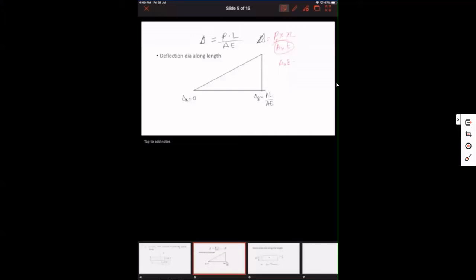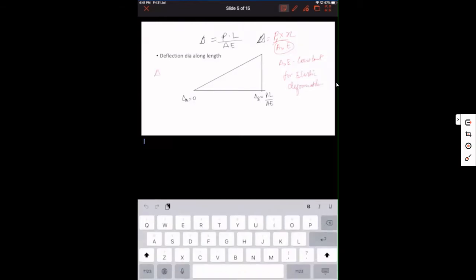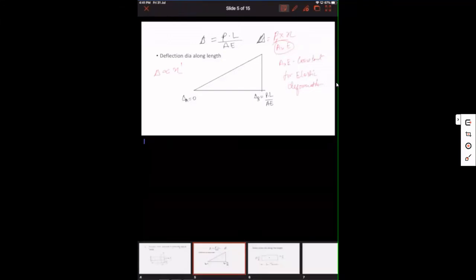A and E are constant for elastic deformation. So we can say that my delta is directly proportional to X. Now delta is varying linearly because the power of X is 1.